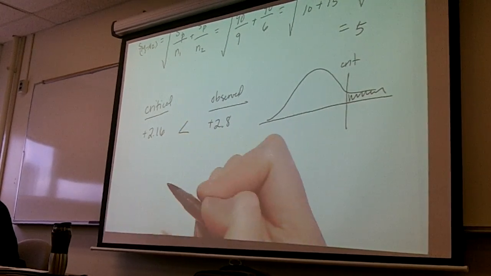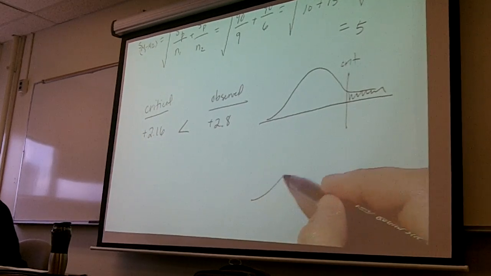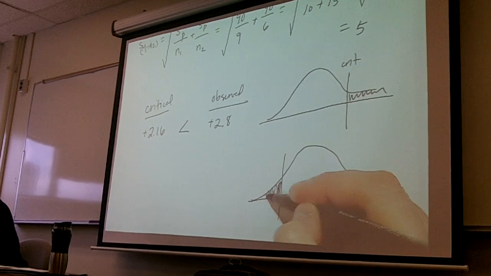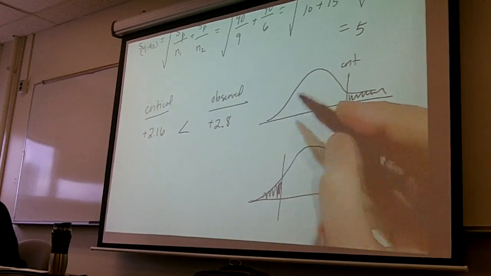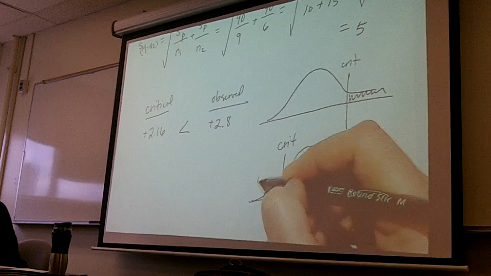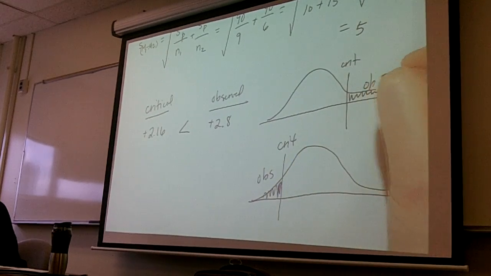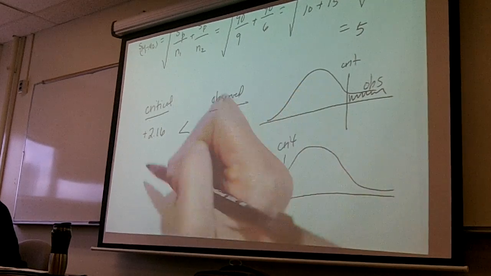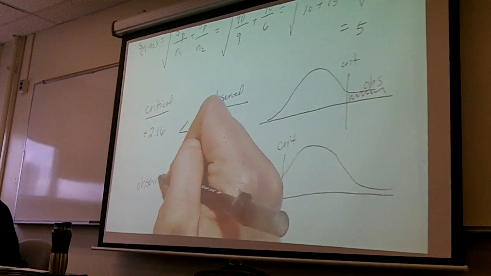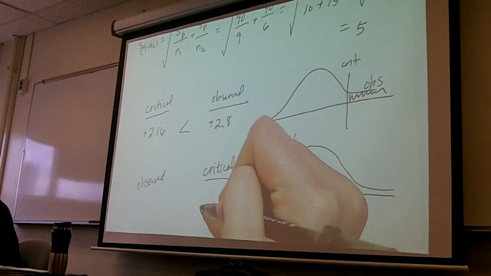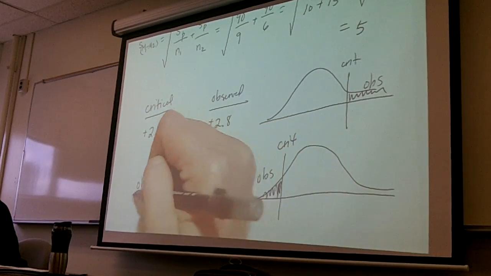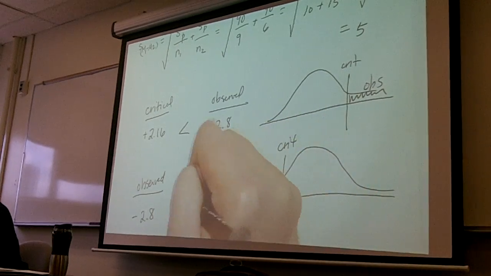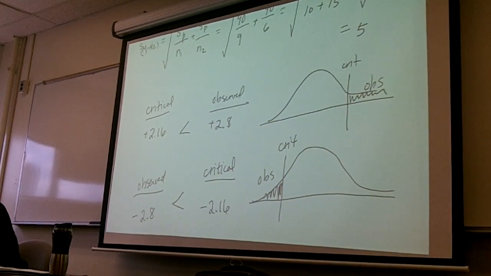Okay? Then what you're doing is you're looking at the negative tail. So the critical value is here, and the observed value is out here. So you put these in the opposite order. This is negative 2.16. This is negative 2.8. Right? And that number is still bigger.